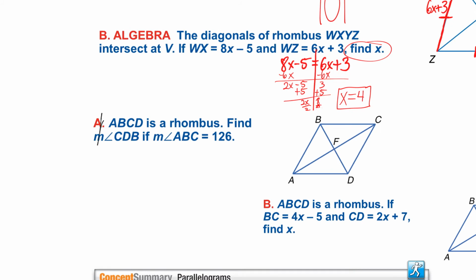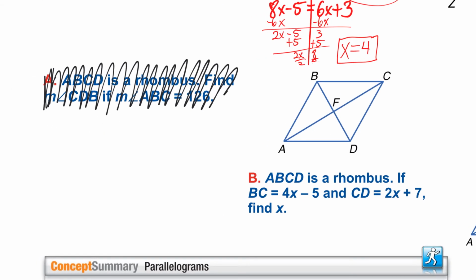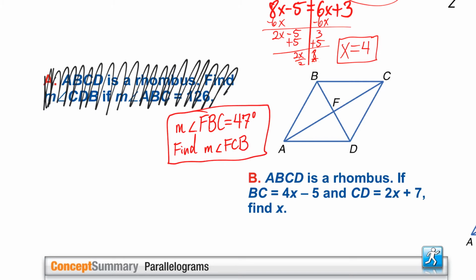Okay, on this next one, I don't want to answer this. I want to add in a different thing here to help you better on your assignment for today. What we're going to do is say that the measure of angle FBC equals 47 degrees, and we want to find the measure of angle FCB.